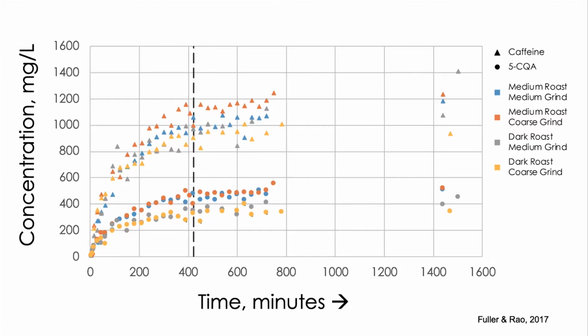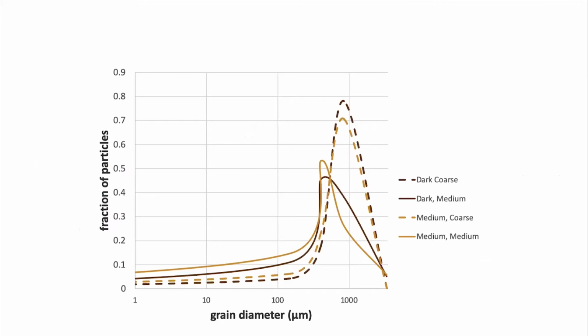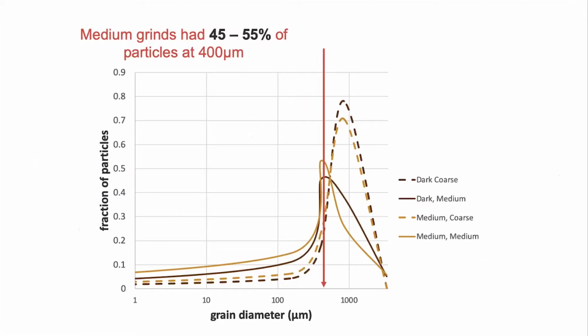And the other thing we were trying to do, and it wasn't very clear to us at the time, was differentiate roast as well as grind and how these two variables impact the final outcome of the coffee brew. And we thought about it and we figured out why. Because coffee grind is not uniform. When you purchase a bag of pre-ground coffee, there are different size particles in there. So the main portion of the coffee grind is, let's say, medium.